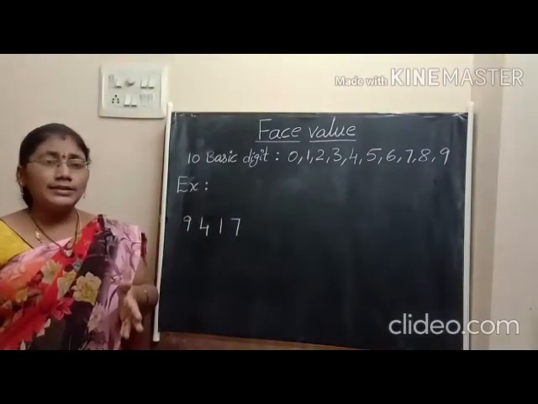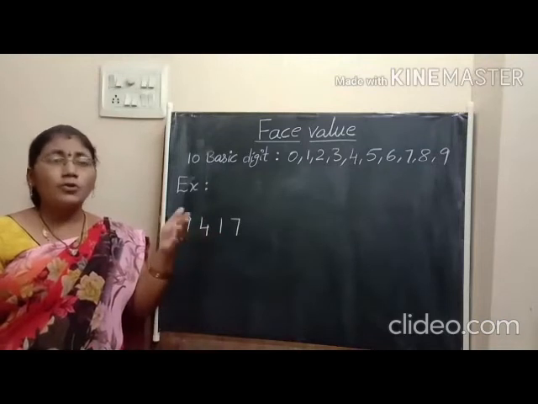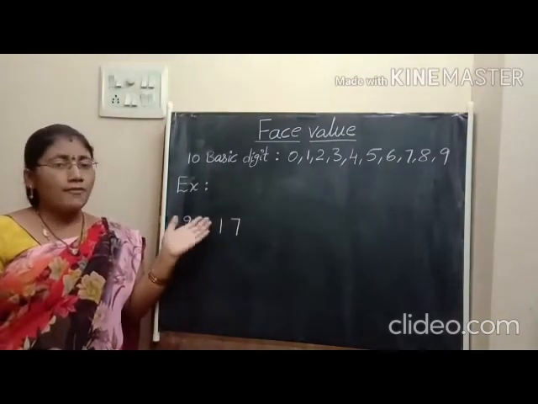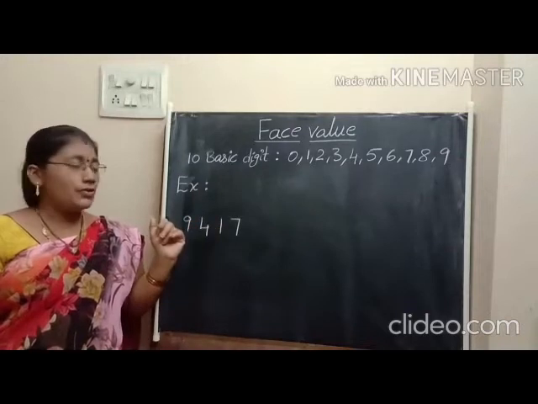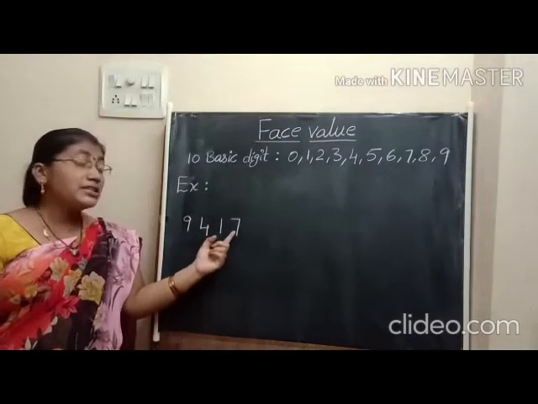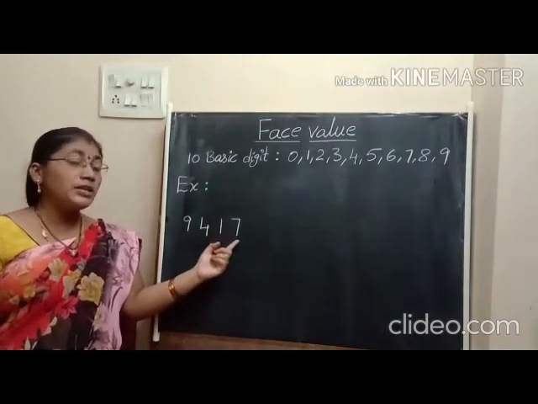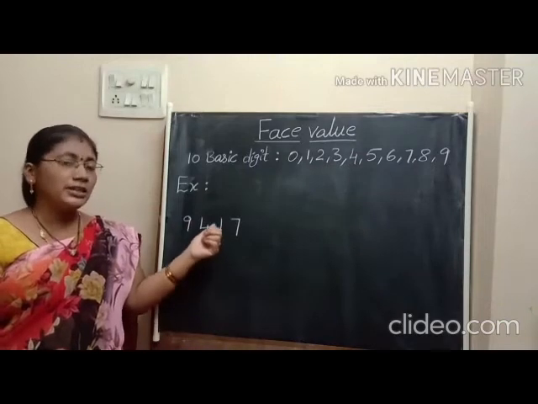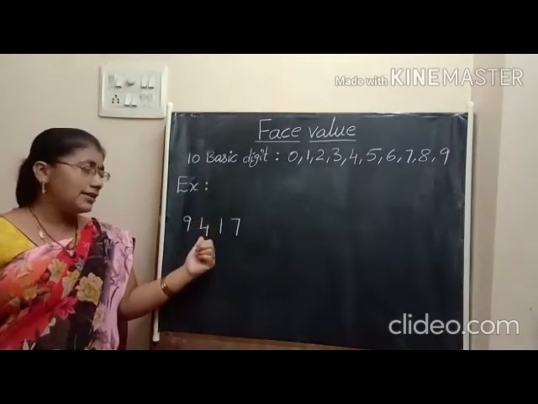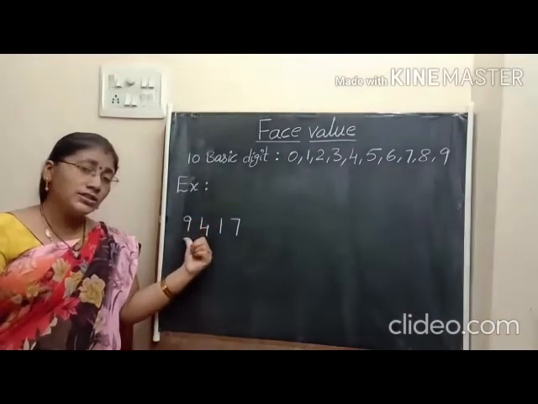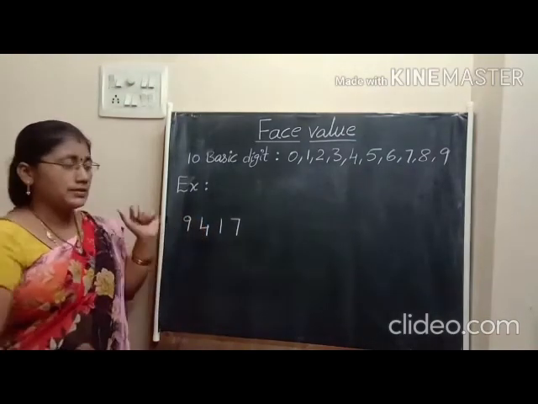Already we learned what are places and how to represent places for different digits in a number in our previous class. From that, the 7, that means the rightmost digit, must be represented by 1's place, and the next digit by 10's place, and the next digit by hundreds, and the leftmost digit by thousands place.